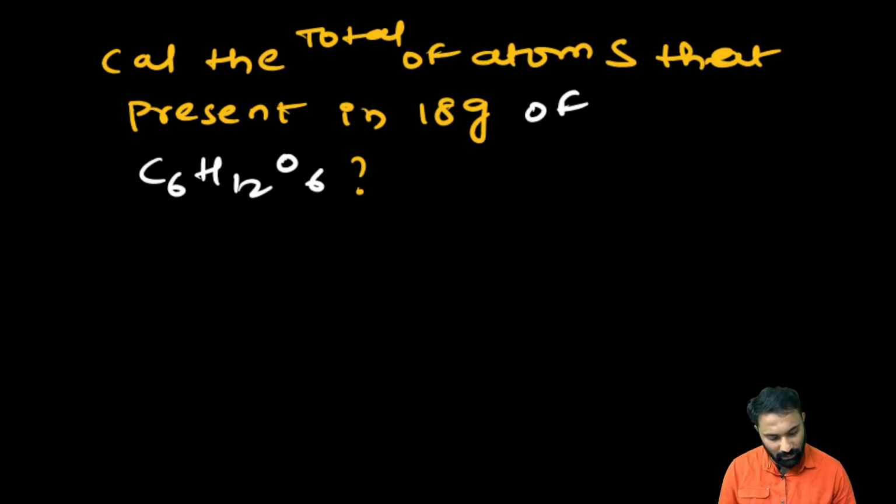Calculate the total number of atoms present in 18 gram of glucose. Just use this formula and tell me the answer.